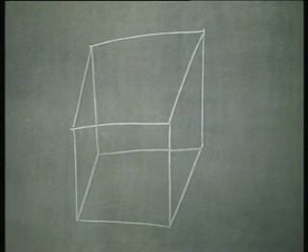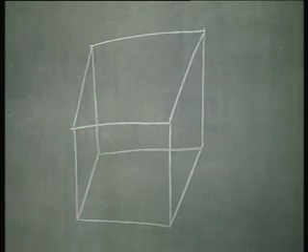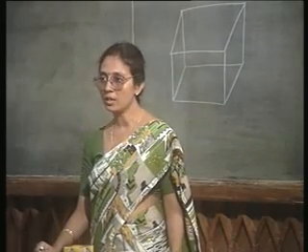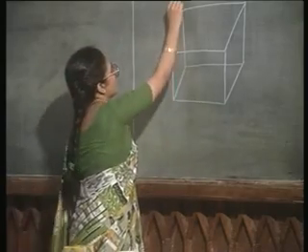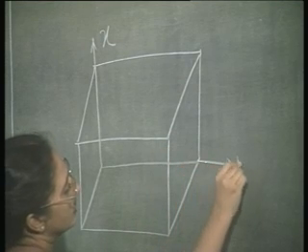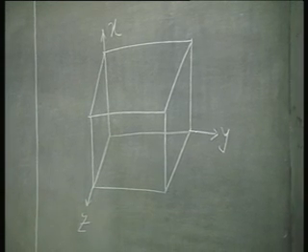This is a crude sketch of the unit cell. I have just drawn the cubic structure, I have not drawn the atoms. Now, a plane is actually defined by the intercepts on the 3 axes x, y and z axis. So, we have considered that this is the x axis, this is the y axis and this is the z axis.